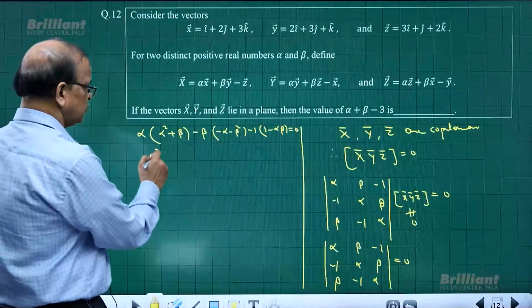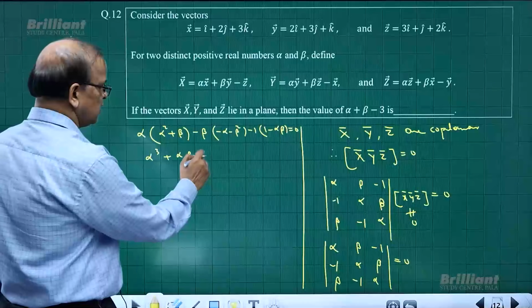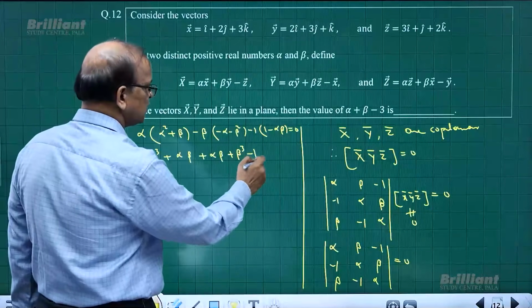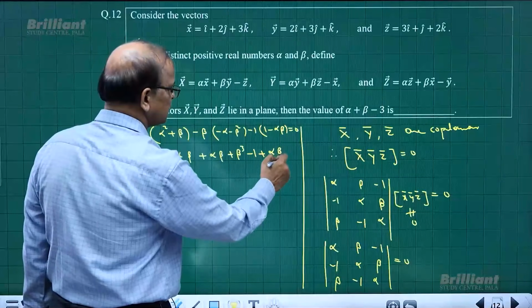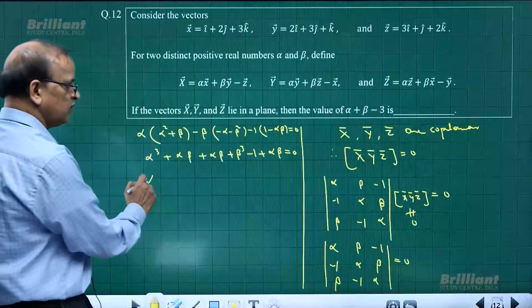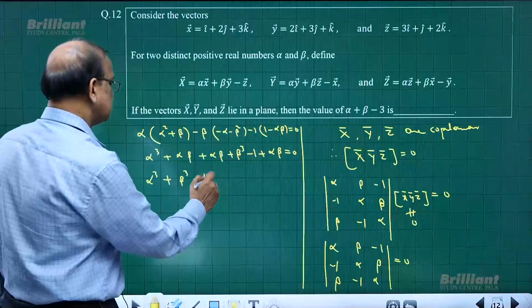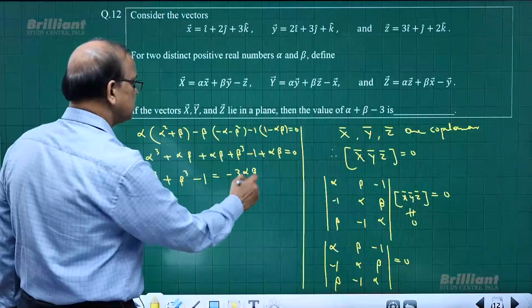So alpha cube, alpha beta, beta cube minus 1 plus alpha beta 0, right? So alpha cube, beta cube and minus 1 is equal to minus 3 alpha beta, right?